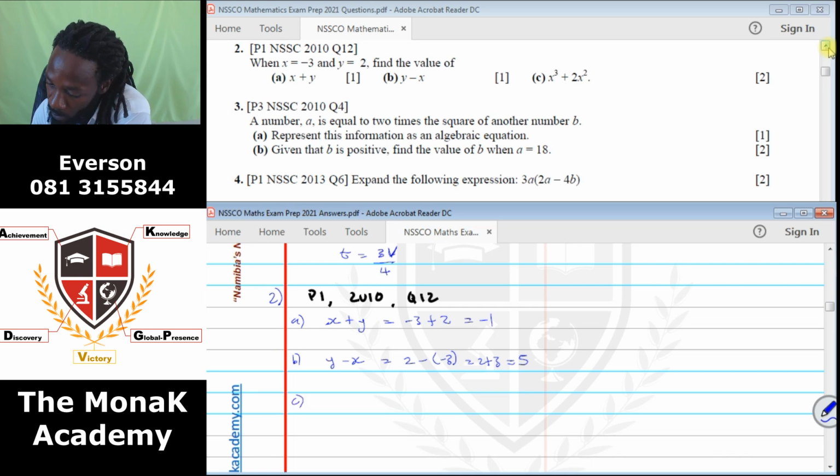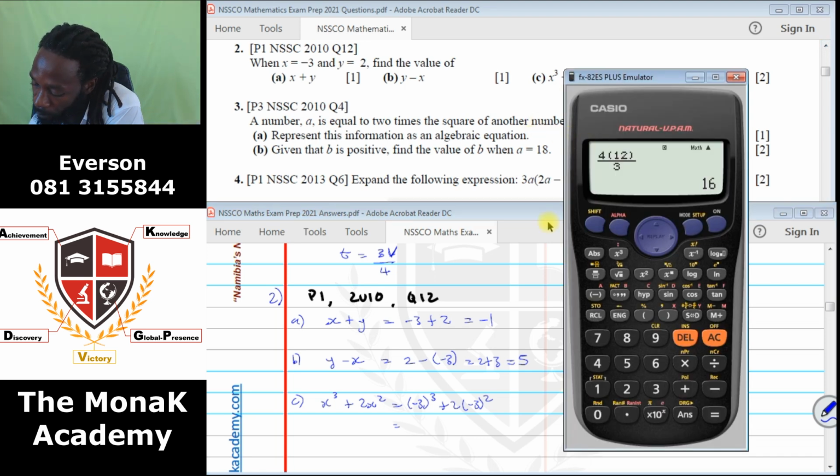What about C? C says x cubed plus 2x squared, which we just take our x, negative 3, we cube it, plus 2, we take our x again, negative 3, we square it. You can use a calculator to put brackets and have a negative 3, close and cube it.